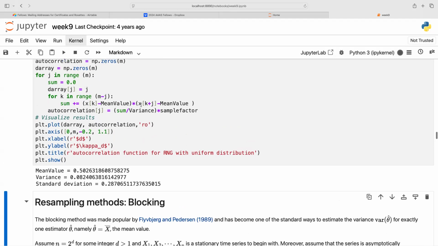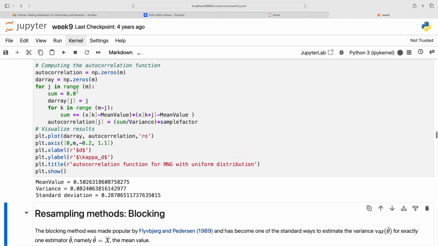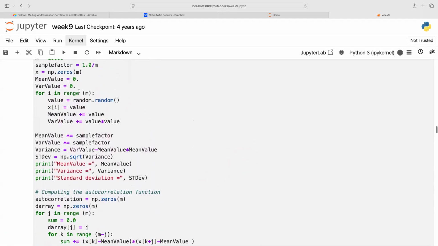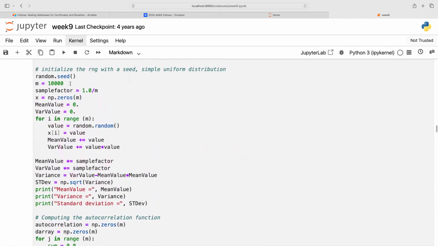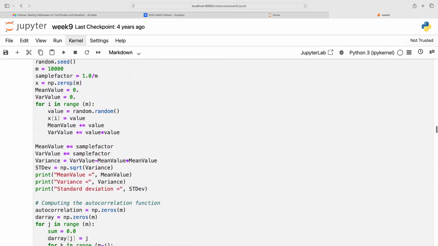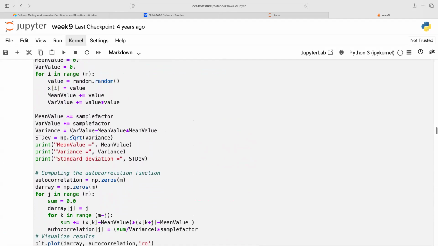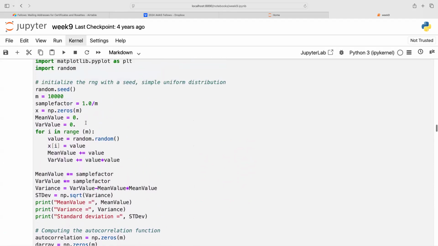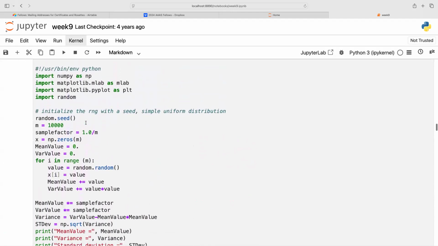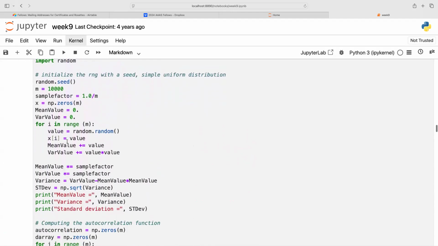This is normally called the autocorrelation. And you see that in this case, when I have only 10,000 events, this is easy to run and goes quickly through the calculations. What I did here was simply to set up a set of numbers. I distribute these numbers randomly, and then I calculate the mean value.